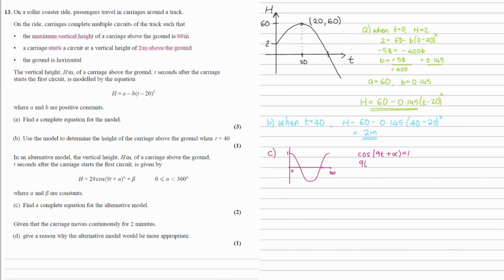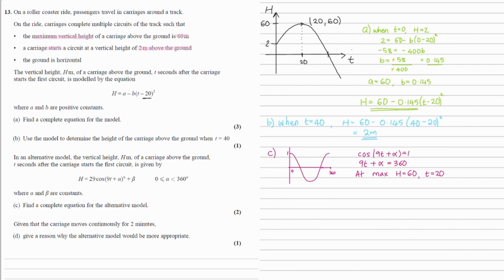So if we put 90t + α is equal to 360, we can use this to find α. If we map this onto the model that we're given, we know that according to the model, the roller coaster reached the maximum height 60 when t was equal to 20. Therefore, from this graph and equation, we know that at the maximum height, t is equal to 20.